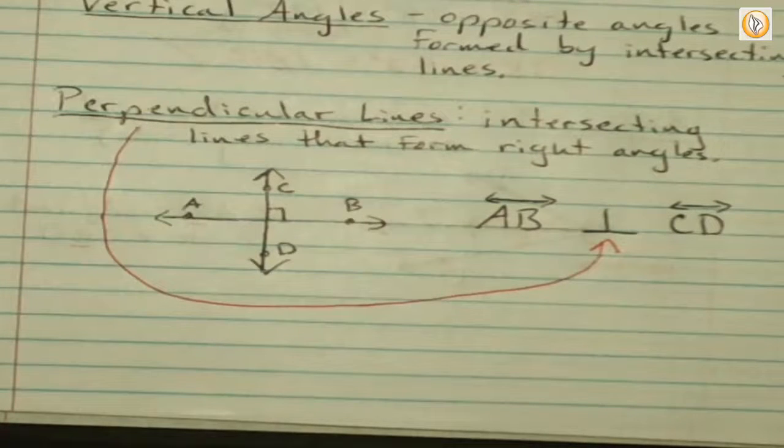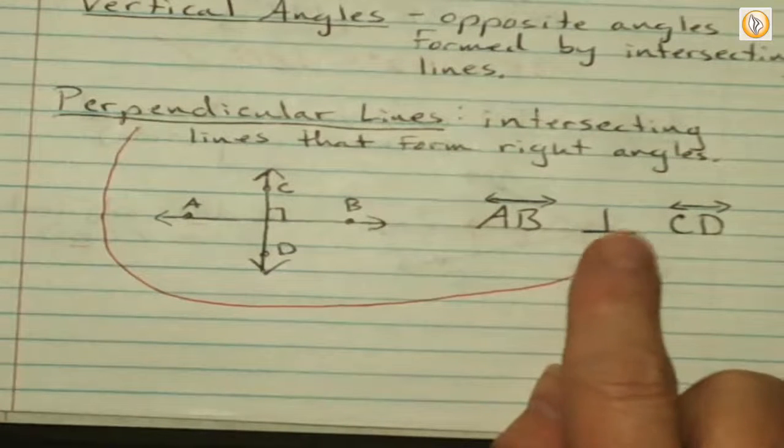All right. What is that thing that the arrow is pointing to? That's the symbol for perpendicular. Oh, okay.